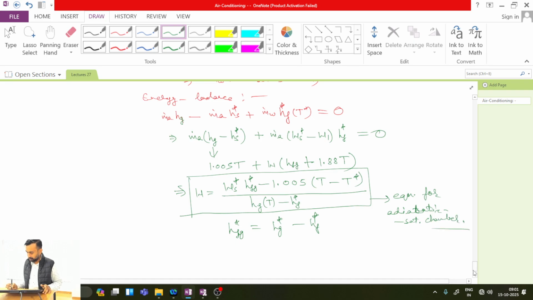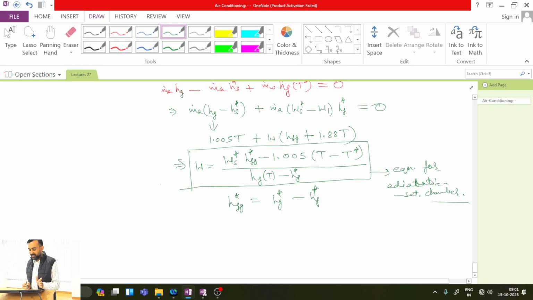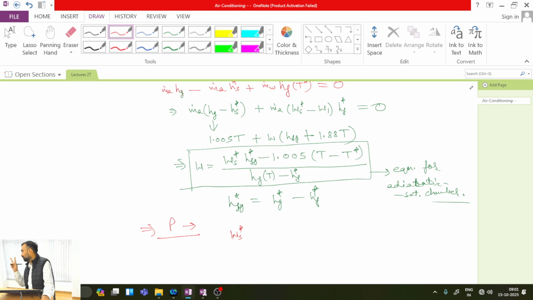Now let's see, this entire process was happening at which condition? Everything was happening at pressure P, the mixture pressure P. Now you see what is Ws star? It's a saturated state. For a saturated state, I require only two properties for a mixture. If it is a pure substance, then a single property, but for a mixture, two.